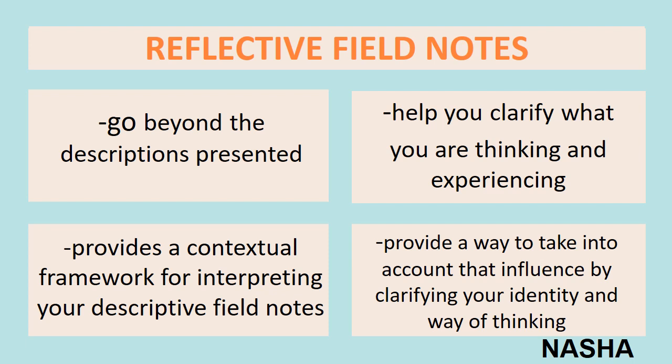These notes go beyond the descriptions presented because reflective field notes include your speculations, your feelings, your problems, your ideas, your hunches, your impressions, your prejudices, your analysis, your plans for future inquiry, your clarifications, your synthesis, your connections, and your other ideas about what you are learning in the inquiry.